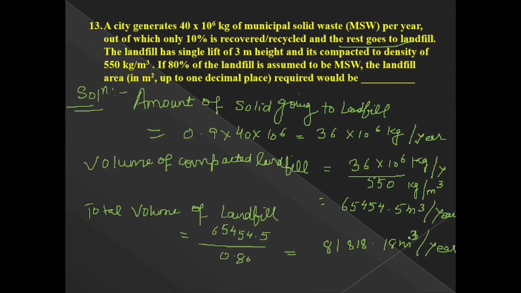The landfill has a lift capacity of 3 meter height. So the area of the landfill required will be our volume 81818.18 whole divided by the height, given as 3 meter.